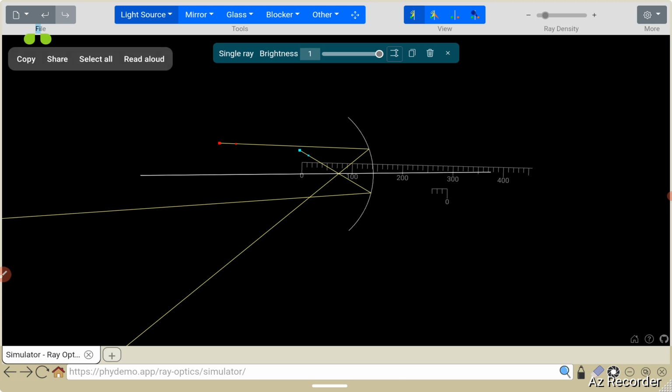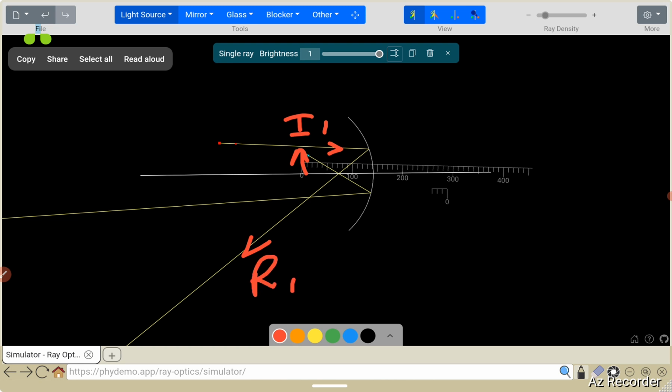Now see here, we have the object at 0 here. From the object we have the first incident ray I1, which is parallel to the principal axis, and the reflected ray R1 is passing through the focus. The second incident ray is this ray, which I am drawing with a different color.